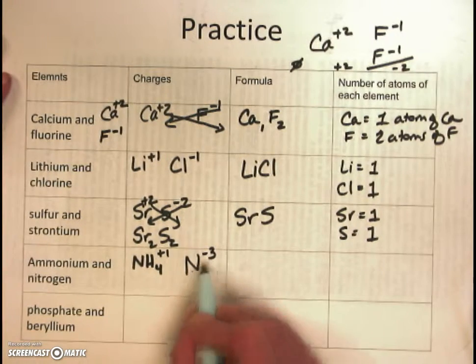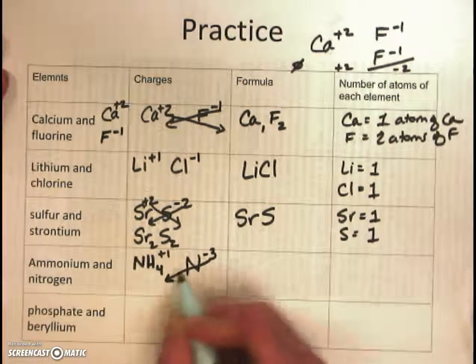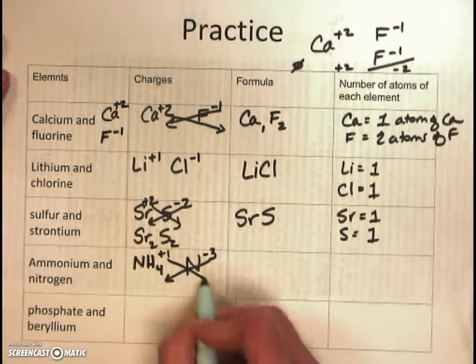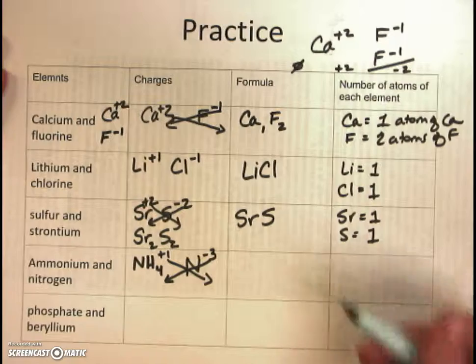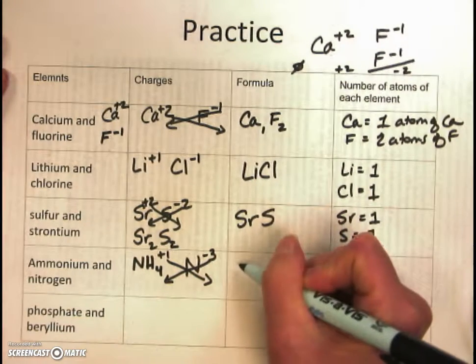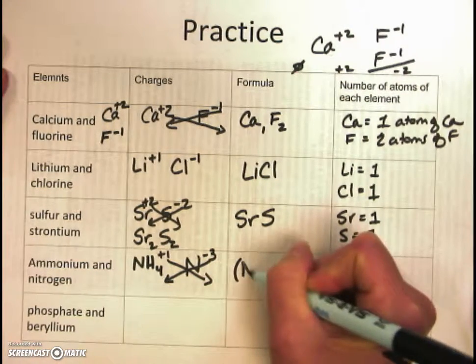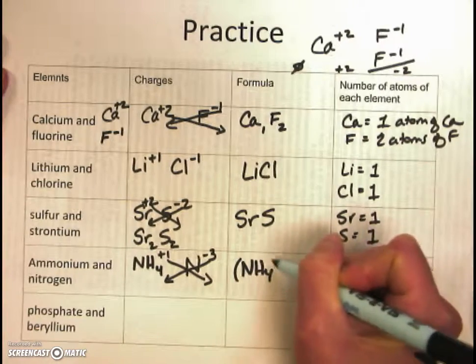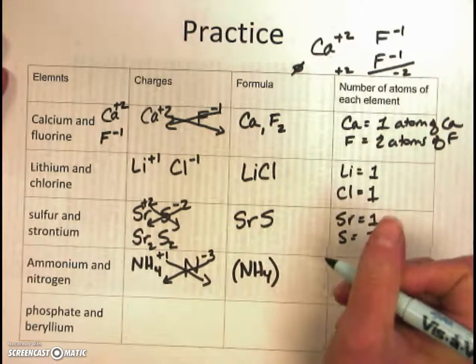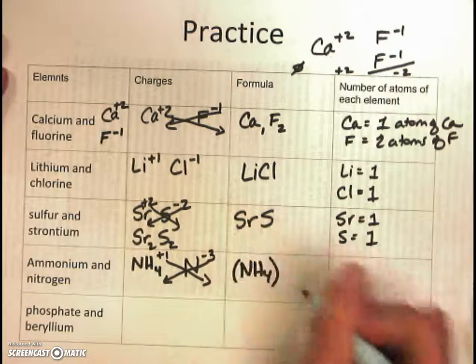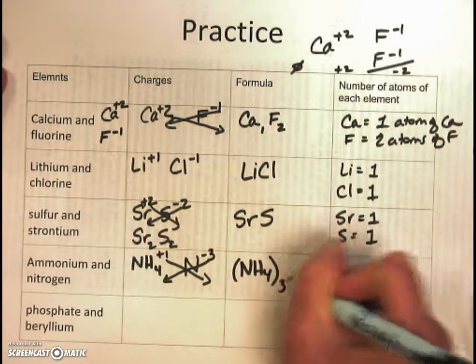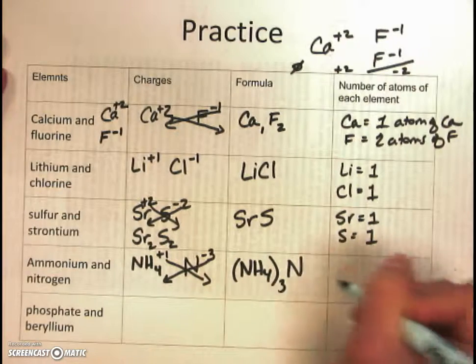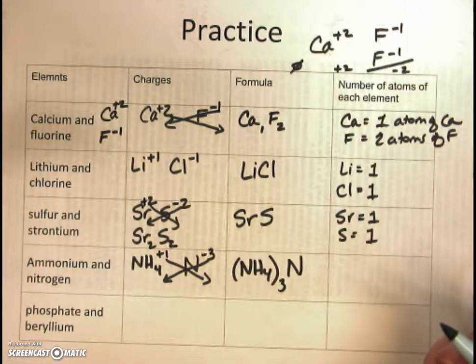And so if you cross this, you're going to need 3 +1s for every 1 -3. So it's going to look like this. Because Nathaniel Hawthorne IV, or ammonium, needs to stay together, and you write that first, you need to use parentheses. There are 3 of those, and then nitrogen, there's 1 of those, and we're not going to write that.